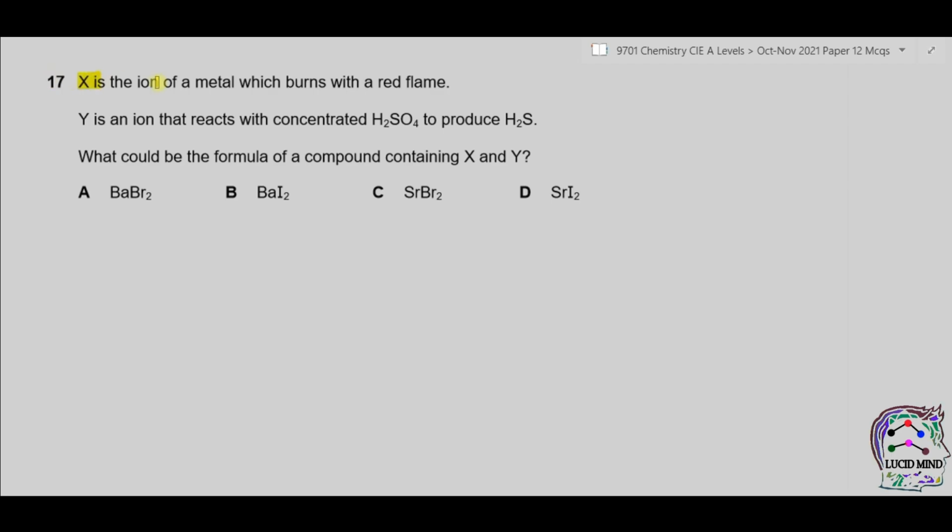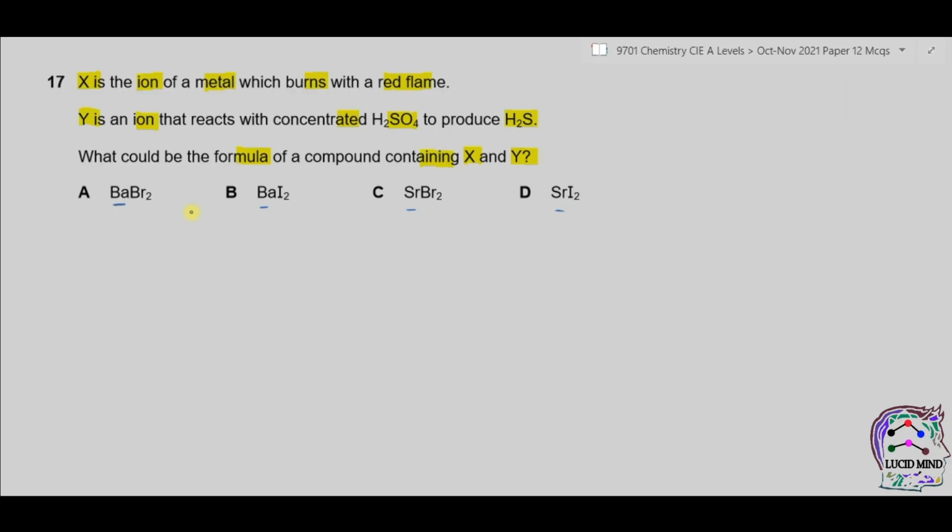Question 17. X is the ion of a metal which burns with a red flame. Y is the ion that reacts with concentrated sulfuric acid to produce hydrogen sulfide gas. What could be the formula of a compound containing X and Y? Now we have barium and we have strontium.